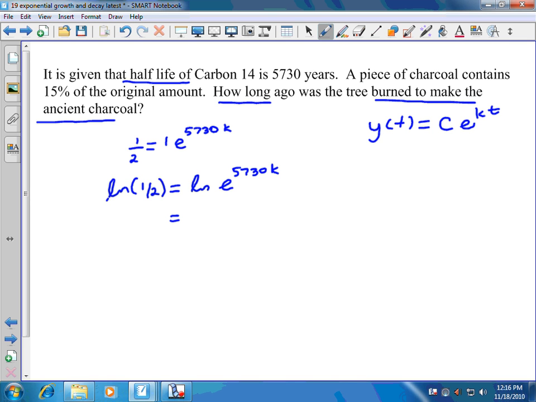Once again, the right-hand side will simplify, just being 5,730K times ln e, which is 1. So to get K, we just have to divide both sides by 5730.